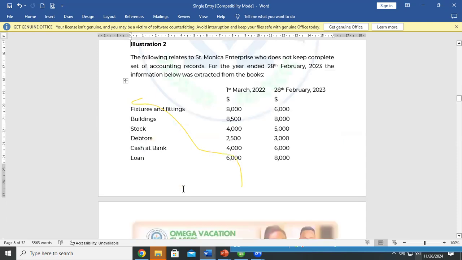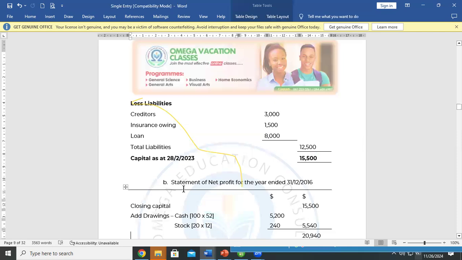Yes, Prof. Ella, please go ahead. Please, I thought in the question there were drawings. Yes, drawings, but here you see the aim is you are calculating for capital, right? The drawings that took place had nothing to do with the balances on the 31st December, right?